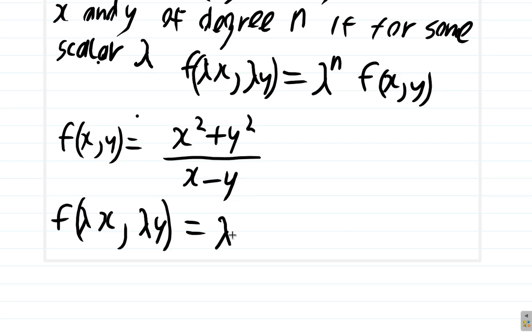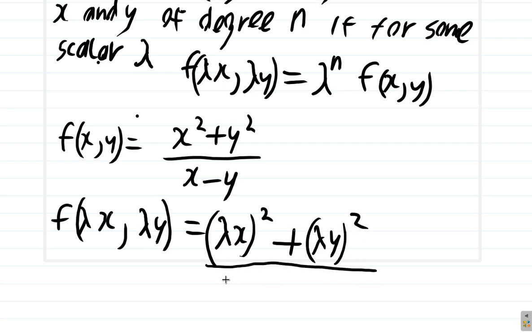So we have lambda x, all of it squared, just like what you have up here, plus, instead of y squared, now we're going to have lambda y, all squared, divided by lambda x minus lambda y.